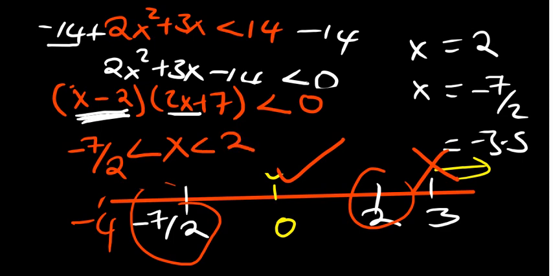So if the question had an equal part down there, we would have put the same, because that would mean that negative 7 over 2 and 2 are also part of the possible solutions. But in this case, they are not part of the solutions. They are just telling us that only numbers between them are going to satisfy the given inequality.